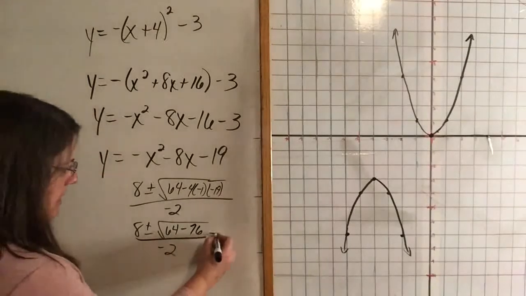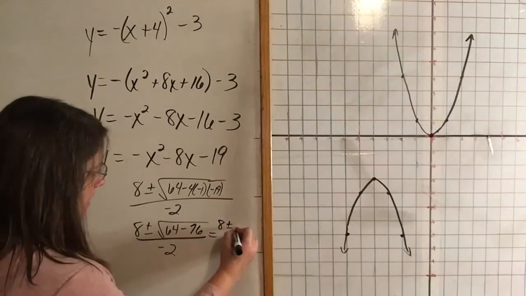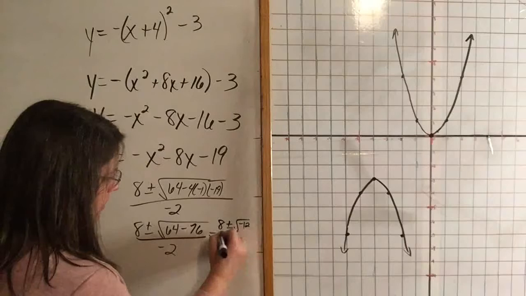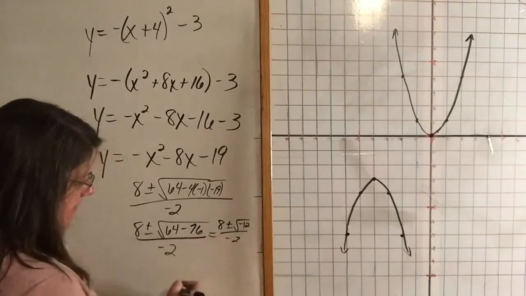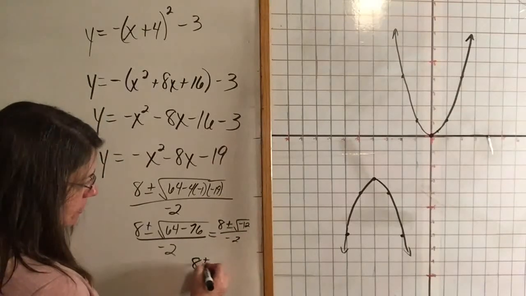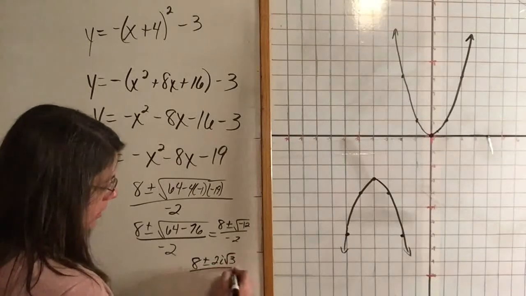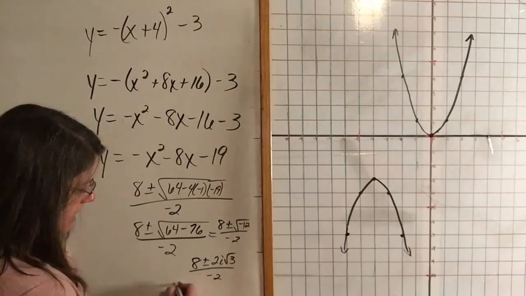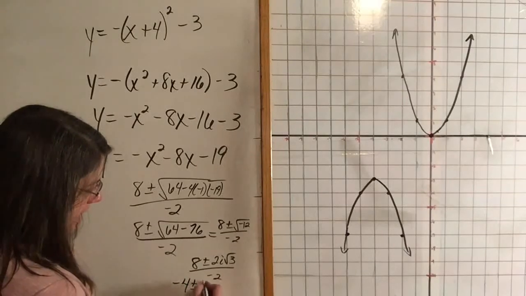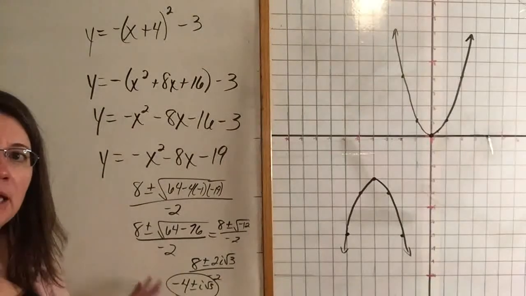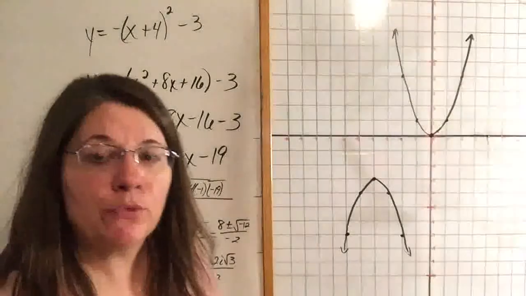So that would be 8 plus or minus the square root of -12 over -2. Well, if I simplify that, that is 8 plus or minus 2i square root of 3 all over -2, or -4 plus or minus i square root of 3. So -4 plus or minus i square root of 3, those are two complex roots.